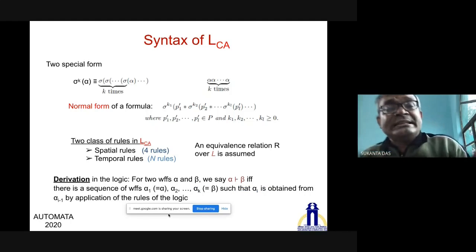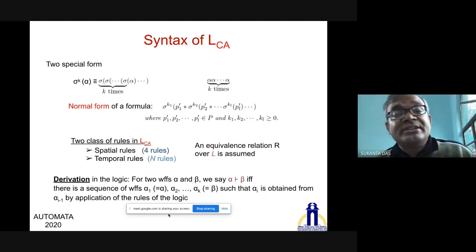Now, when these rules and the equivalence relation are given, then we can define a derivation.